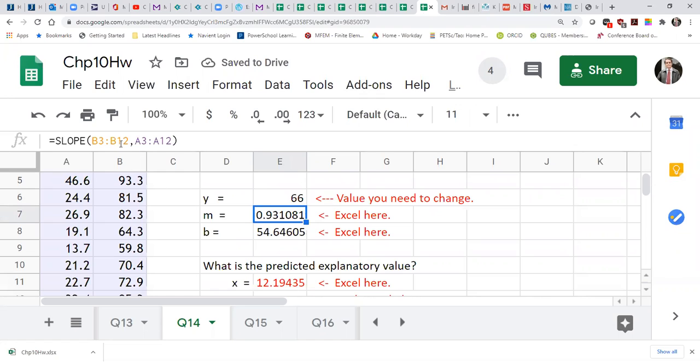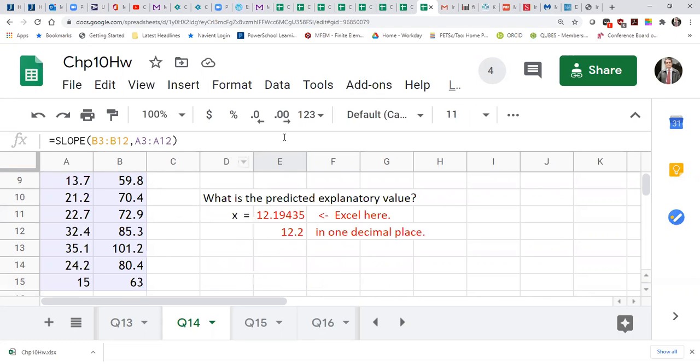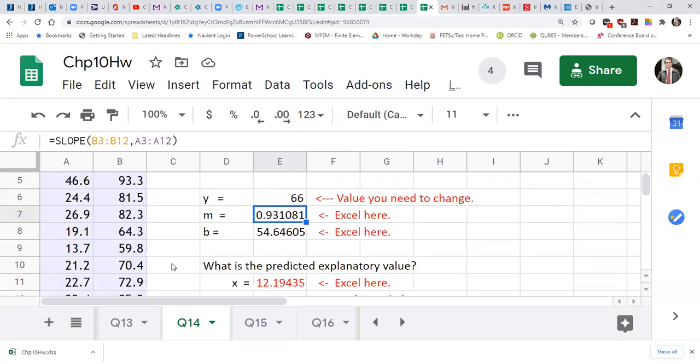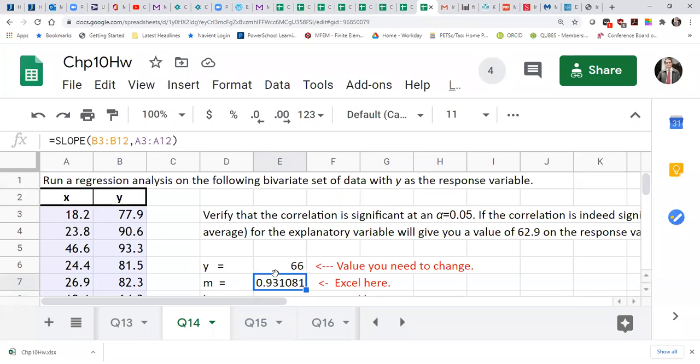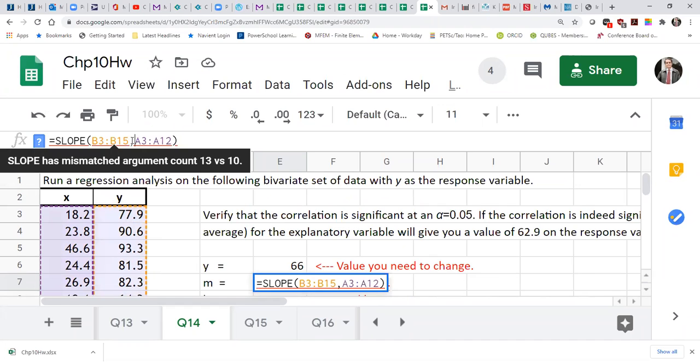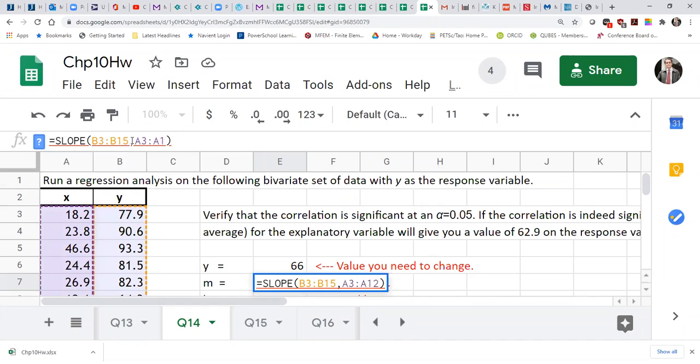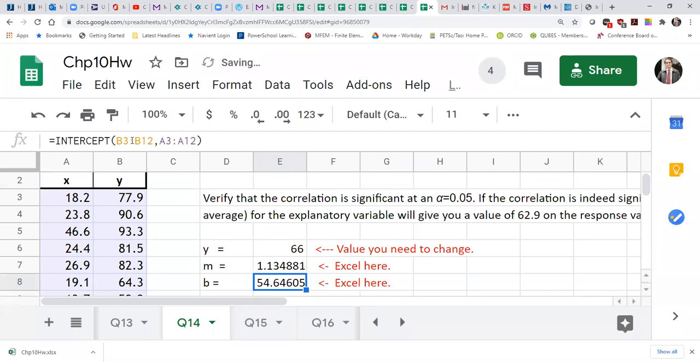The m you need to find from the data, so you need to see what the data is. The data is from 3 to 15, so make sure this is from 3 to 15. The same thing for this one, from 3 to 15.